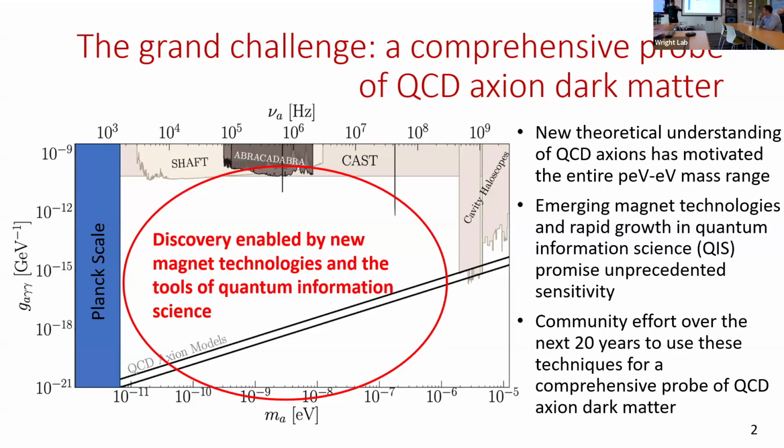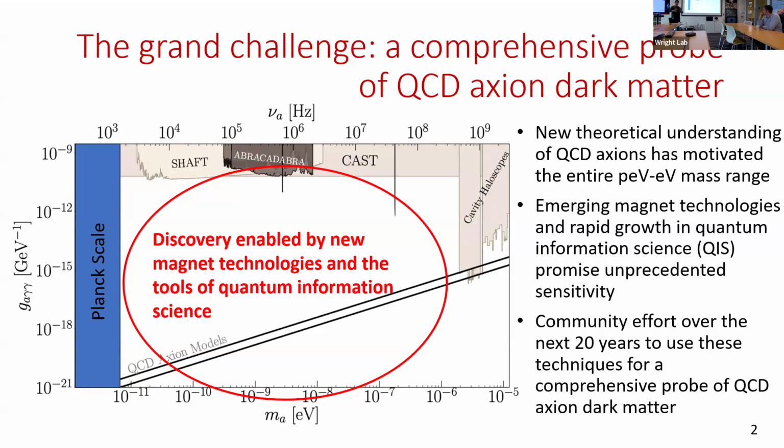On the technology side, we've had rapid growth in the technologies of magnets and quantum information science. So this means new materials, new sensing techniques, entirely new platforms for doing measurements, which Haystack is now pioneering the use of in axion searches.